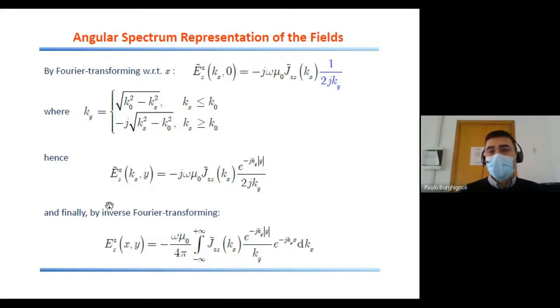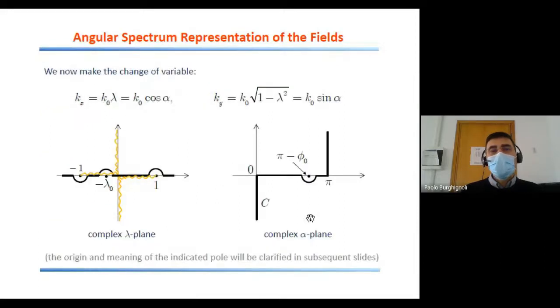So you have this integral representation of the scattered electric field as an inverse Fourier transform, an integral made with respect to the kx spectral variable, to get our desired plane wave spectrum representation.